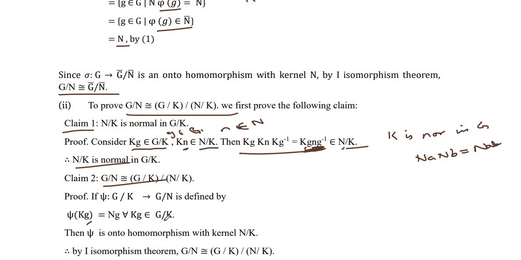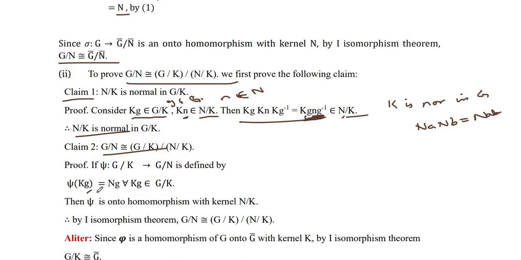So this is defined for every Kg in G mod K. Then it can be easily seen that psi is well defined. Psi is onto, that's obvious, and it's also a homomorphism, and the kernel is N mod K.